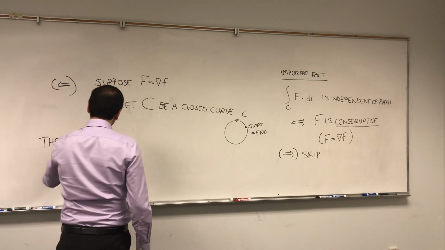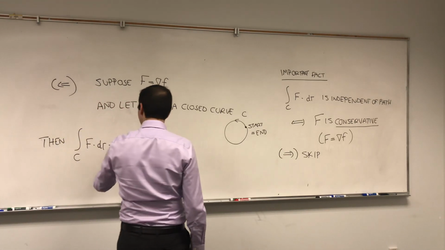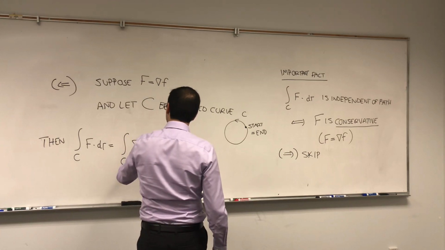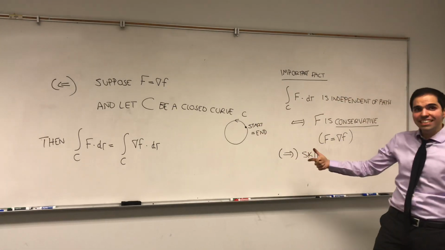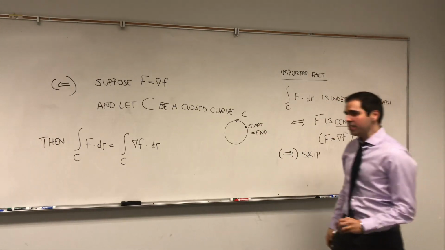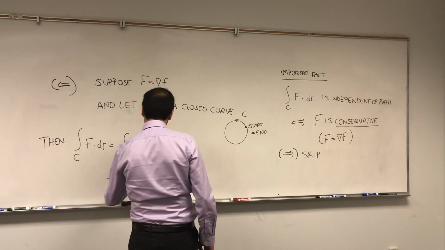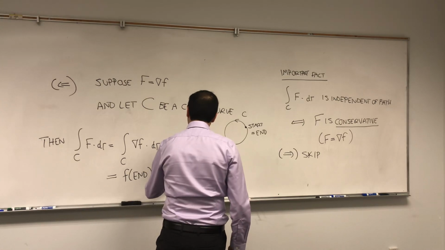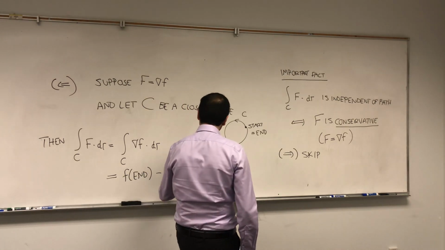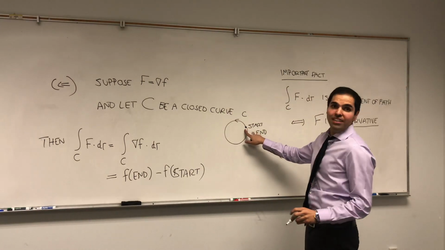Then the line integral of F, well, what does that become? It's the line integral of the gradient of f dotted with dr. But now we have an integral of a derivative, so we can just use the fundamental theorem of calculus, or fundamental theorem of line integrals, which says that this is just f of the endpoint minus f of the starting point. But the start is the end.